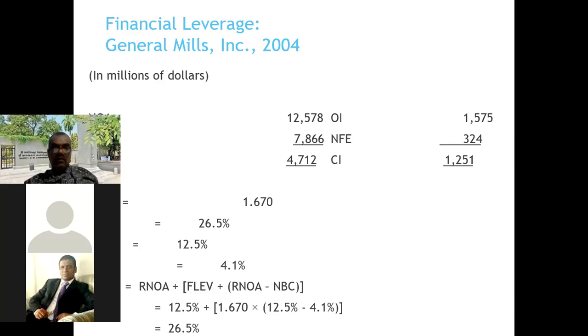So NFO divided by CSE. Yeah, financial leverage is the amount that you have borrowed, the net amount, 7,000 divided by 4,000. No, not 12,000. 12,000 is the total assets, net operating assets. Your net borrowing is 7,000.